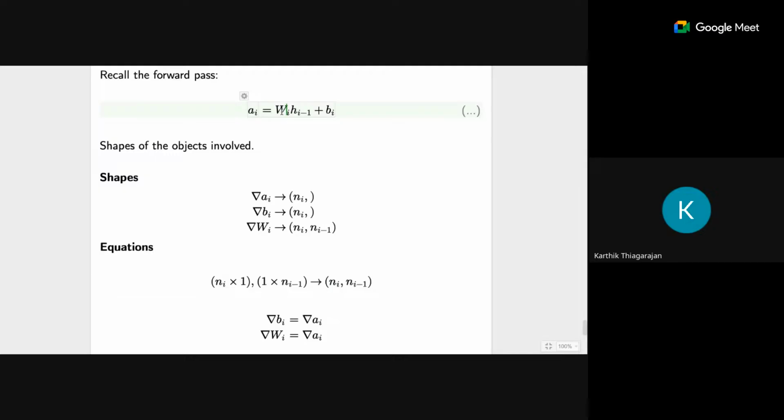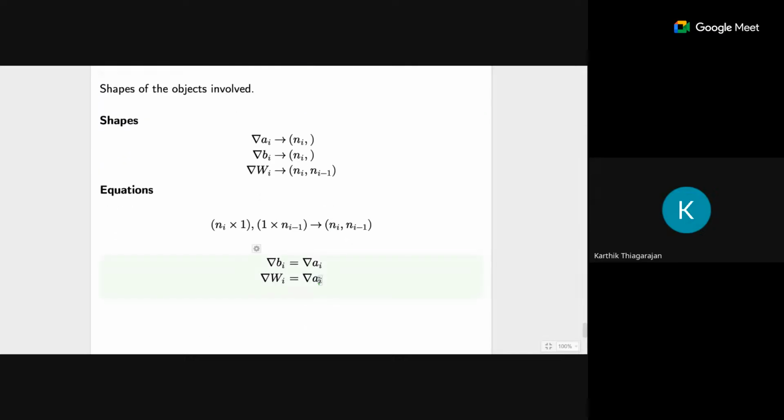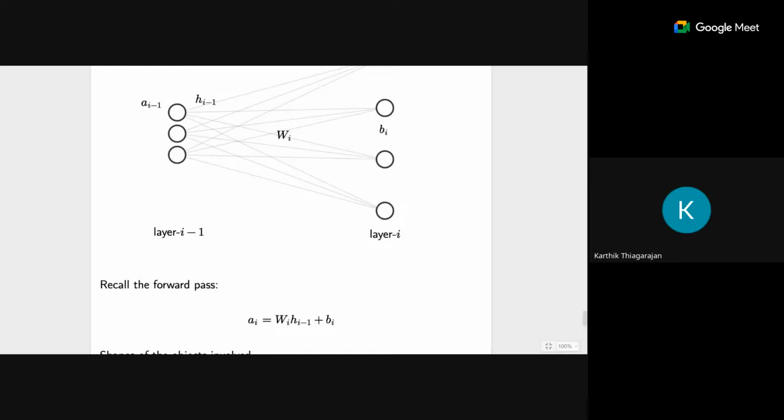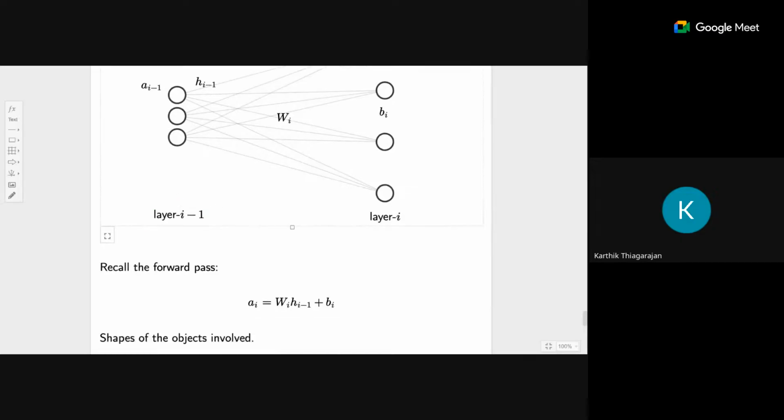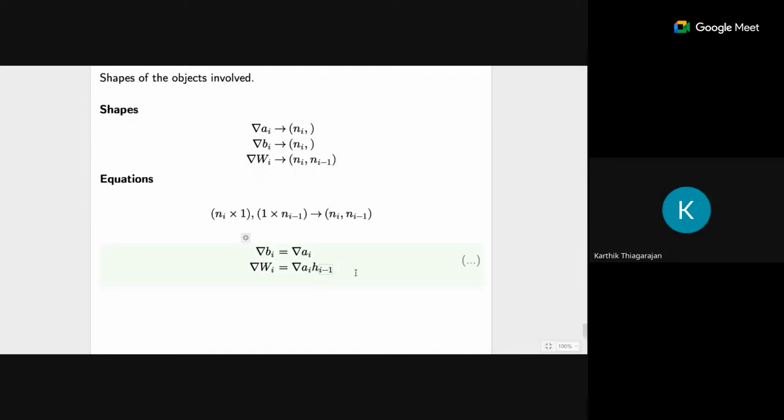The other influence for W_i is h_{i-1}. If I multiply by h_{i-1}, the shapes are not going to be compatible, because let me remind you that h_{i-1} is of what shape? N_{i-1}, right? So what should I multiply this with? The transpose of h_{i-1}.